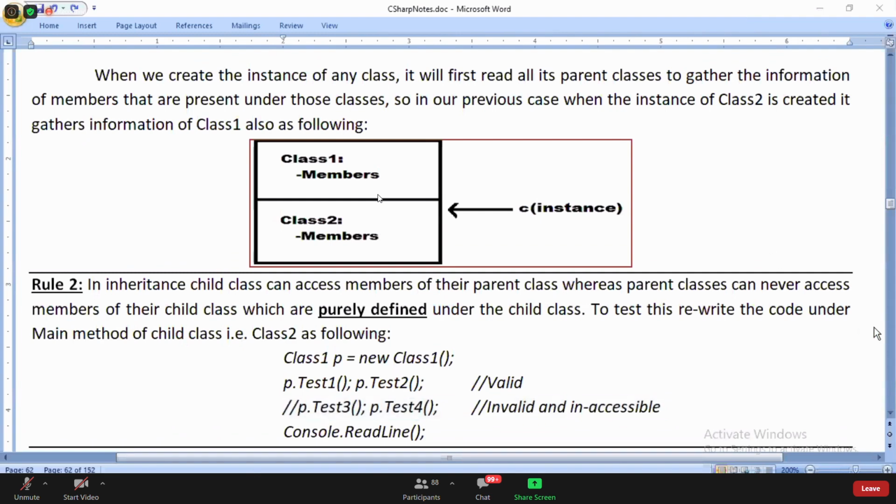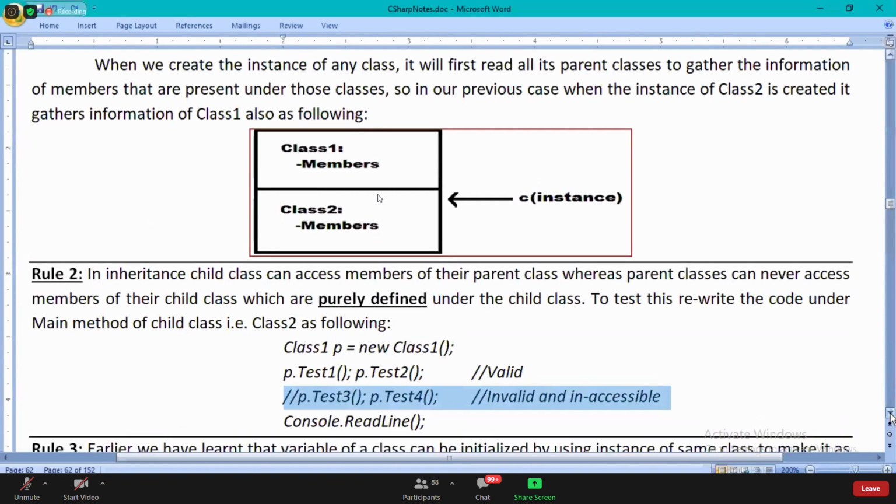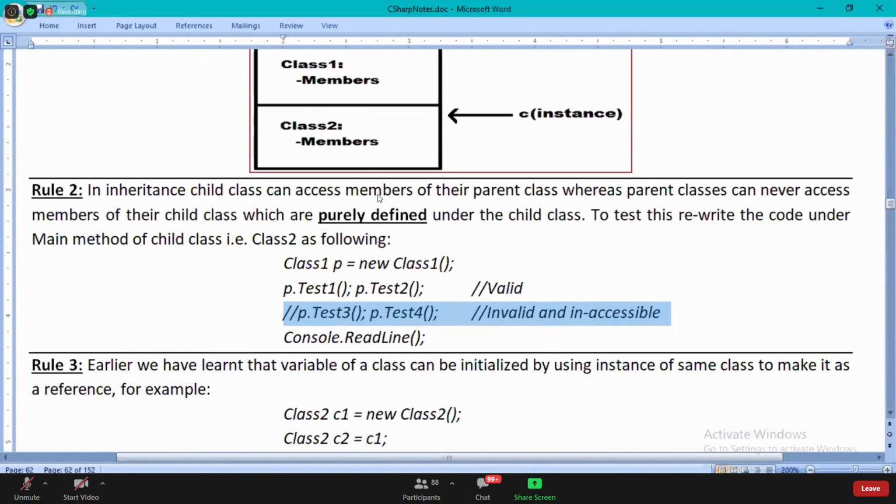Okay. Next. Rule number 3. What is rule number 3? Guys, watch. Do you remember this? Read it and tell me. Do you remember that?